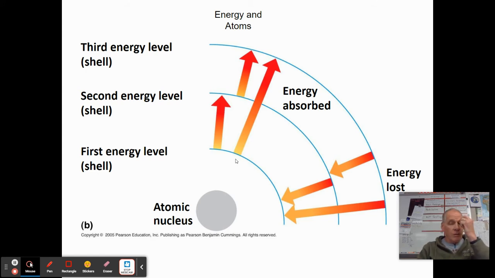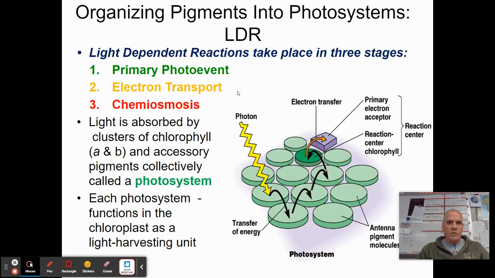And when they absorb the energy in the photon, they are going to get boosted to a higher energy state, i.e., those electrons are going to move to a higher energy shell that's typically further away from the atomic nucleus where the protons and neutrons are located. So that is the conversion, and that's the first step, the conversion of that light energy into a form of chemical energy, and that is in the form of high energy electrons. Those high energy electrons represent a form of potential energy.